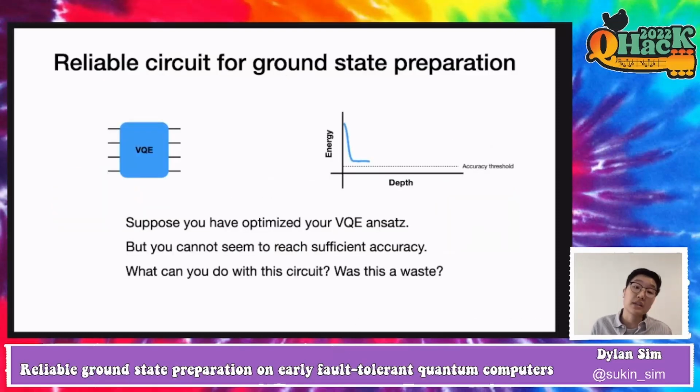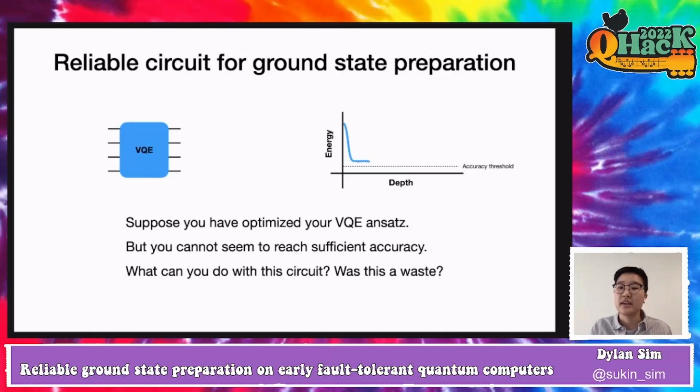And so going back to the reliability in quantum algorithms or circuits for the specific task of ground state preparation, I wanted to motivate this by posing a possible scenario. Suppose you have optimized your VQE ansatz for a particular problem, shown in blue here, and you track the progress using this energy versus the circuit depth or number of layers plot, much like the one that I showed you earlier with the Fermi-Hubbard model.